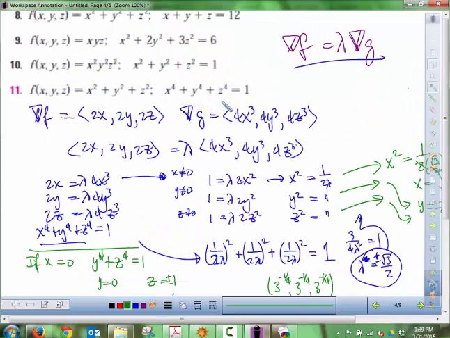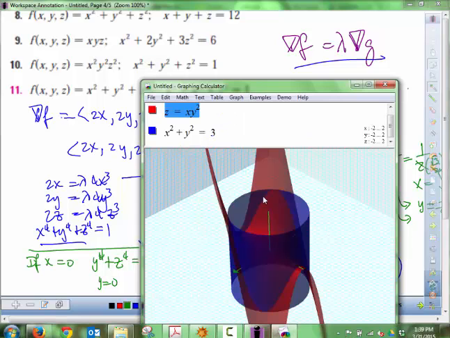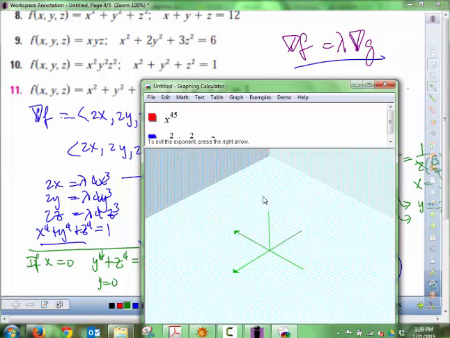So I'll draw the constraint first. It seems like it would make sense to draw that. x to the 4th plus y to the 4th plus z to the 4th equals 1. Before you draw it, how do you have 6 minimum values and only 1 max value?